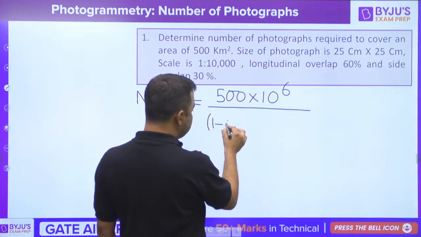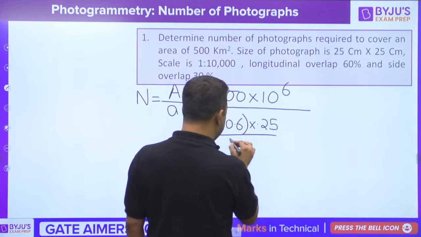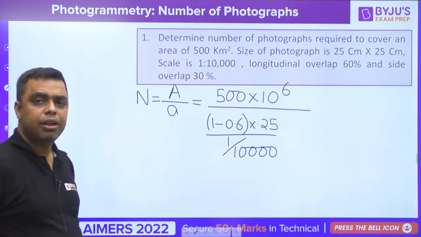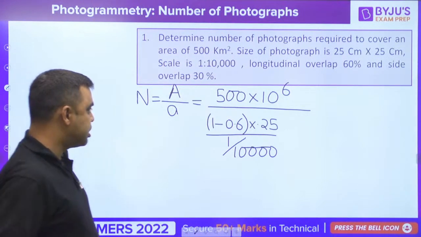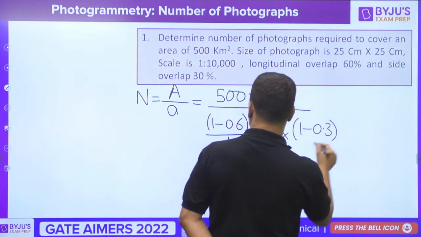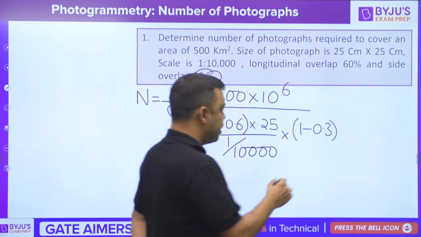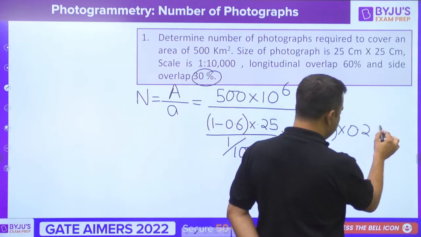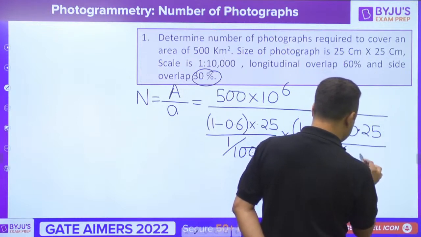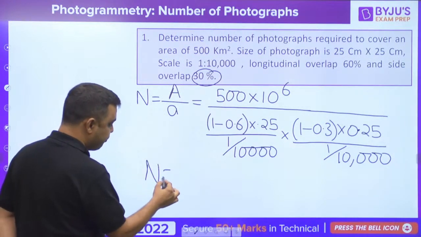So it will be (1 minus 0.6), that is PL, into L, that is 0.25 meters, divided by 1 by 10,000, into (1 minus 0.3), that is the overlap in the other direction as given in the question, 30%, into the size of the photograph, that is 0.25, divided by 1 by 10,000. So can you tell me the number of photographs?